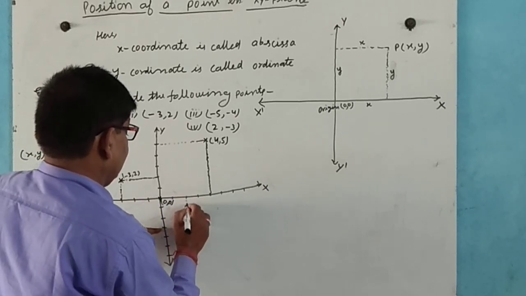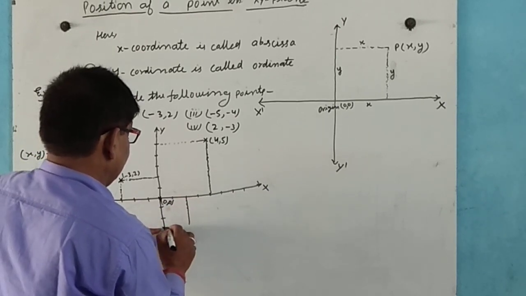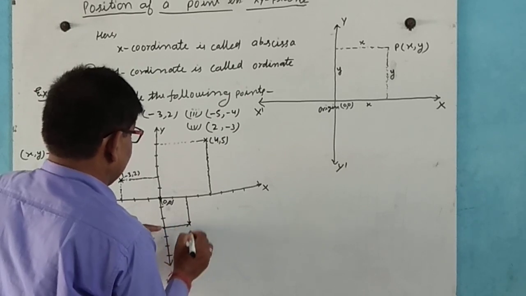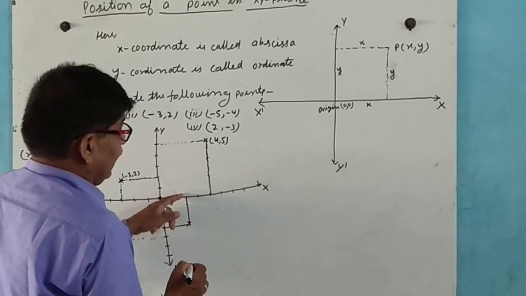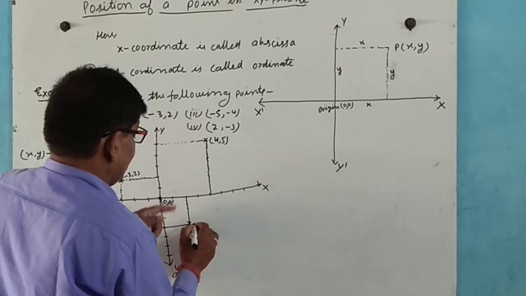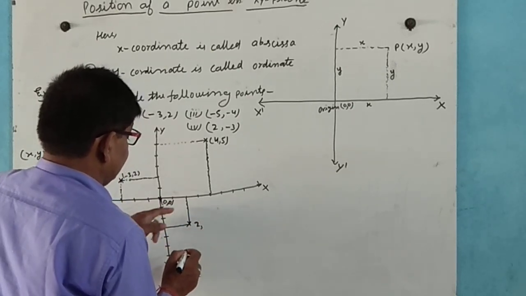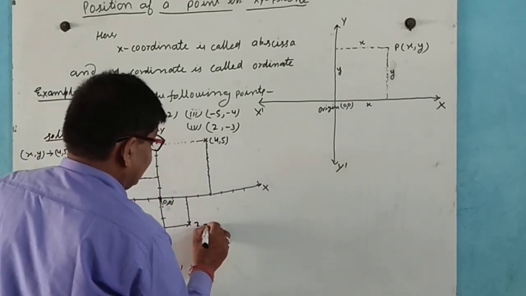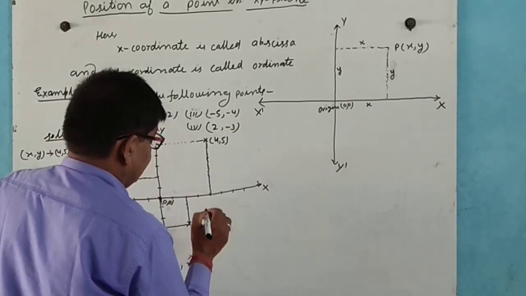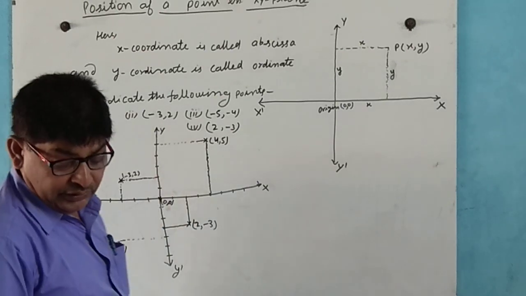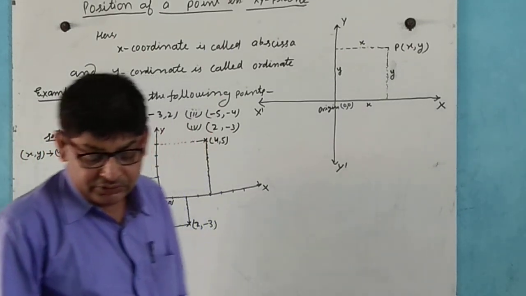This point, 1, 2 on x and y, and this is 1, 2, 3, minus 3. Thus, we indicate such type of point.